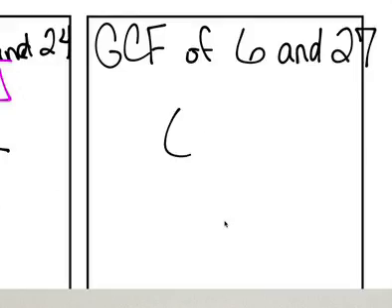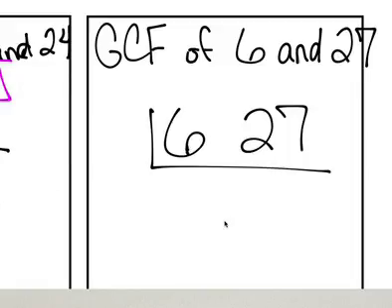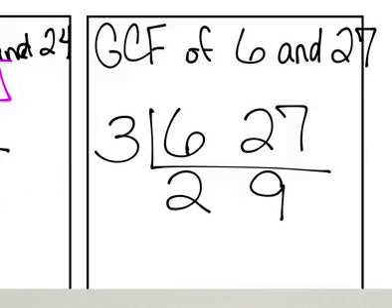Once again, we're going to write these numbers side by side with our upside down division sign. And now ask yourself, what can you divide into 6 and 27? This one is a little tough, but hopefully you came up with a common factor of 3. 6 divided by 3 is 2. Remember, we write the 2 right under that 6. 27 divided by 3 is 9.